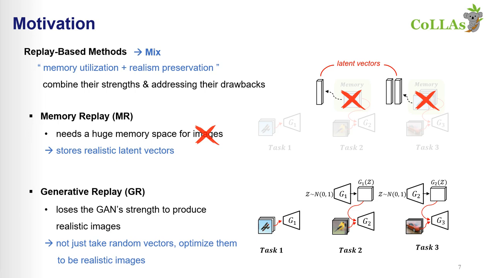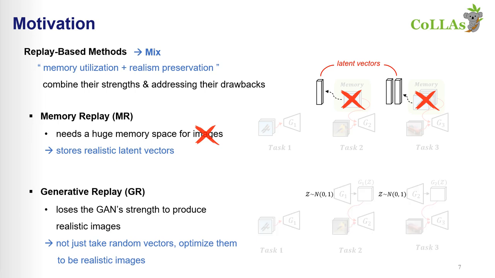We also perform generative replay to further enhance the knowledge preservation by additional synthetic samples. Unlike the conventional generative replay taking random latent vectors, we devised a new optimization technique for latent vectors to obtain more realistic images.